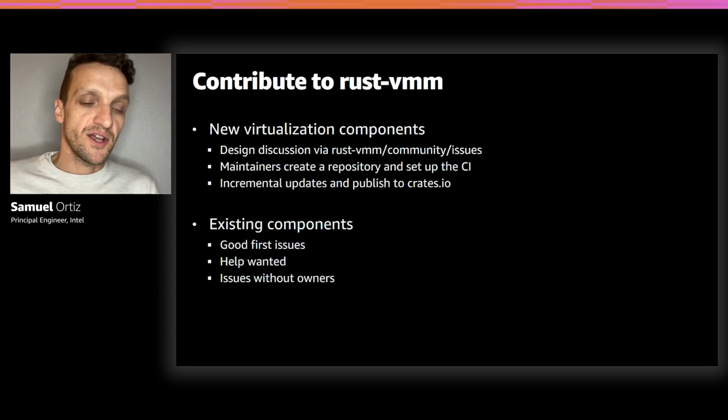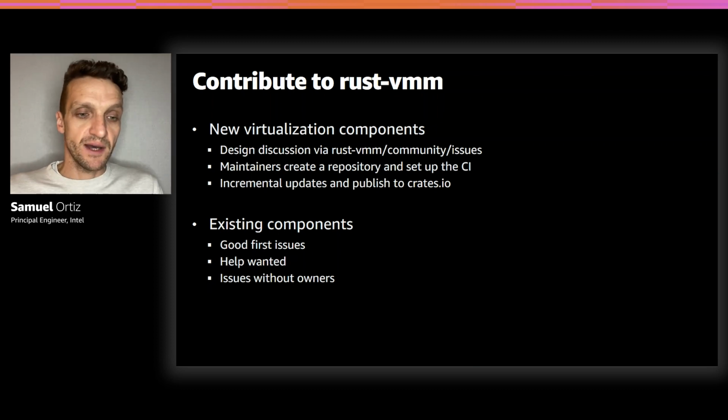And you can also contribute to existing components. We've created a few GitHub labels in the existing components. Good first issues are the issues that are relatively easy to tackle, and they're a very good entry point into the project. There's another set of labels for the existing components that are looking for help.